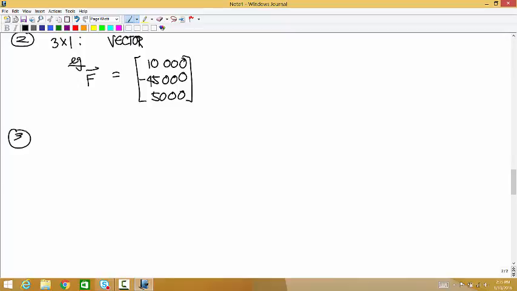The third type has a size 6x1, and that is a second representation of the stress, and it's the only representation of the strain that we're going to use. That way of representing it is called the Voigt form. So the Voigt stress and the Voigt strain are both going to be written this way.